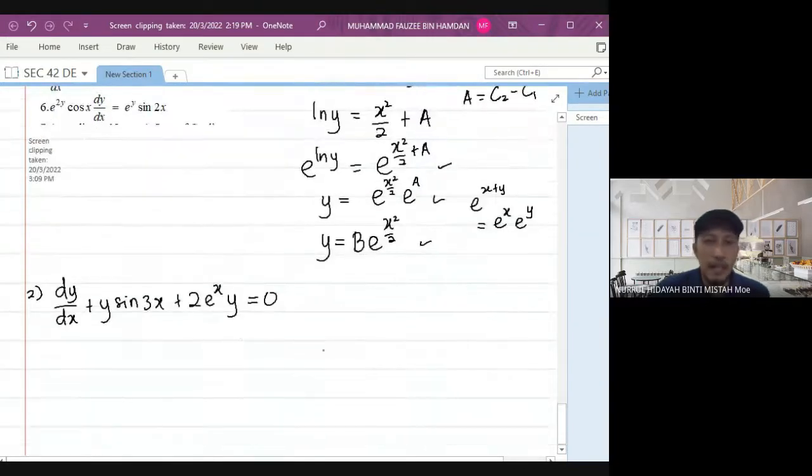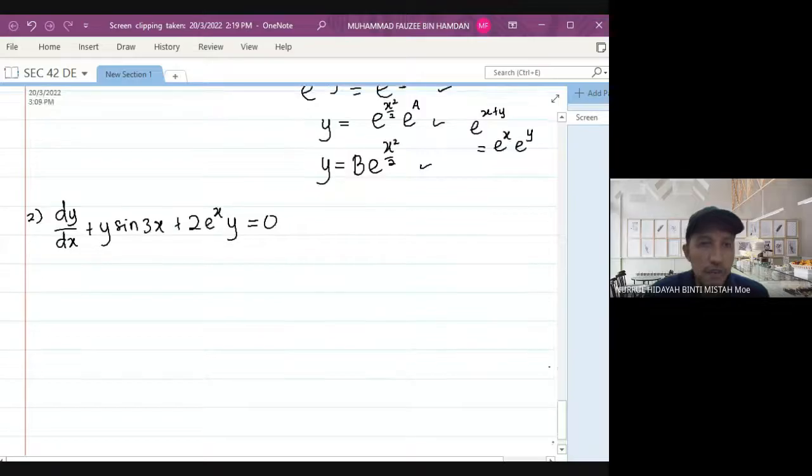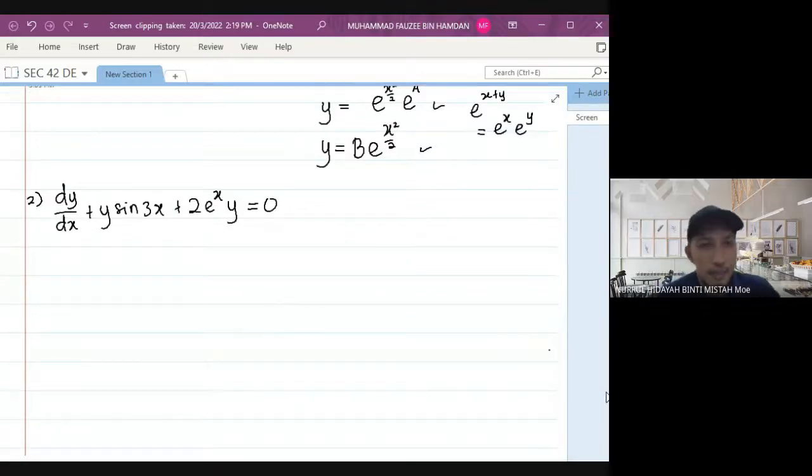Okay, I give you a chance to solve this. Maybe 5 minutes, I think is good enough to solve this question. Then if you want to share your answer in the chat room, you can write your answer so that we can check together before I show you how to solve it.